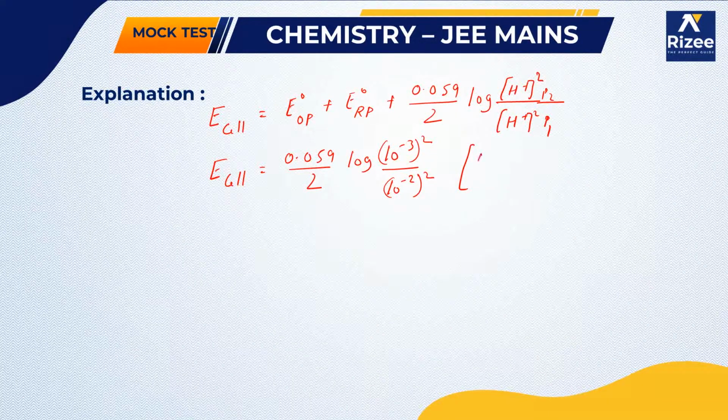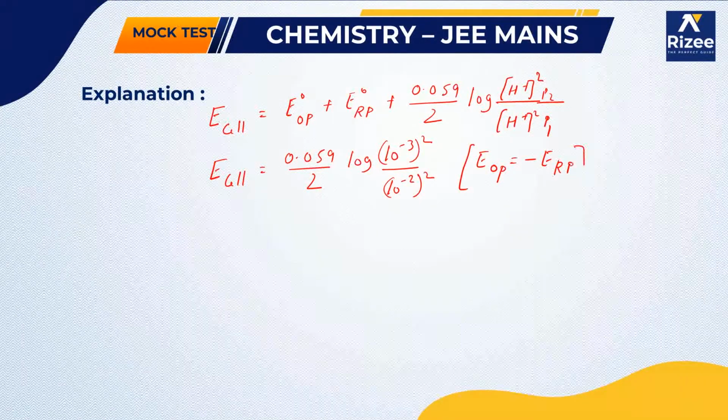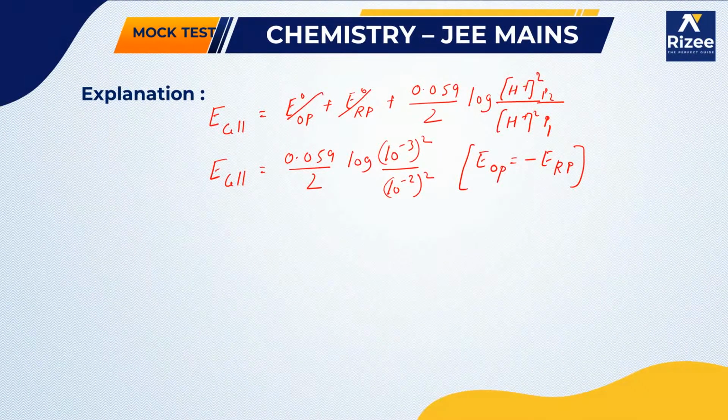Now, E of oxidation potential is equal to minus of E of reduction potential, so these two cancel out with each other. Next, that will be equal to 0.059 by 2 into, this one we can write, log 10 to the power of minus 2 after solving.